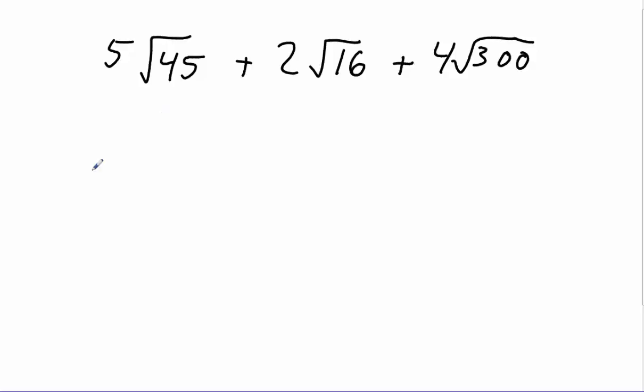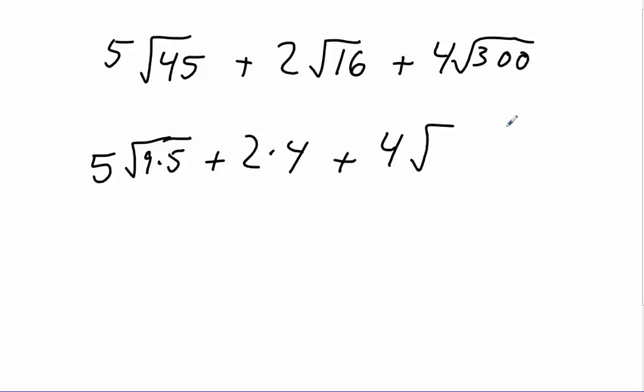So we have 5 radical 9 times 5, because 45 factors to 9 and 5. Those are the largest ones we can do. Plus 2. Actually, it's nice because the square root of 16 just becomes a 4, because it's a perfect square. Plus 4 square root of 100 times 3. So you can pull out a 9, pull out a 10.